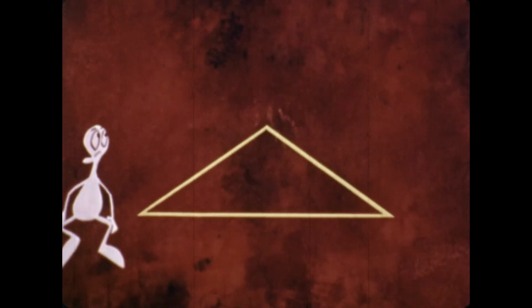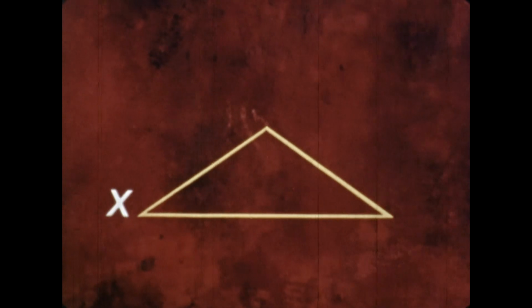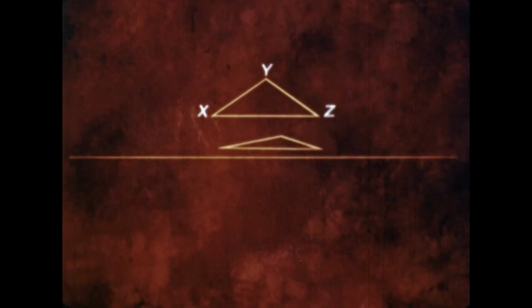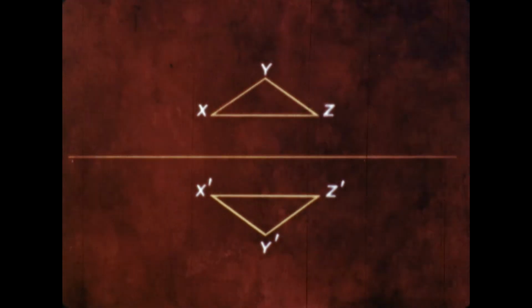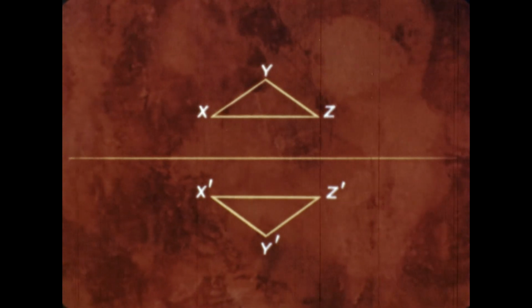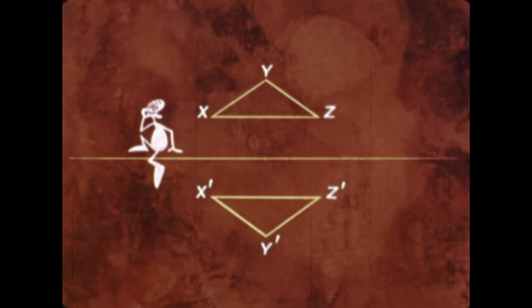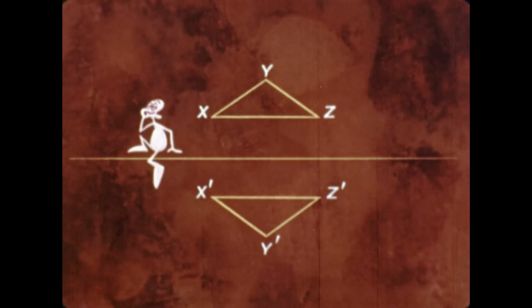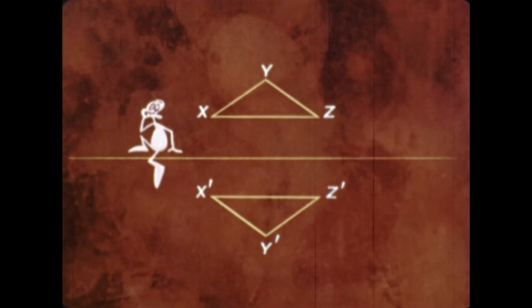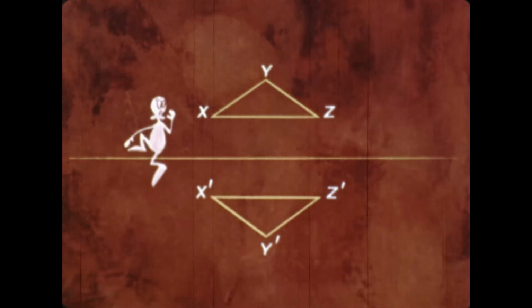Thus, to take another example, triangle XYZ can be taken into triangle X prime Y prime Z prime through a reflection. Since all lengths are preserved, triangle X prime Y prime Z prime is congruent to triangle XYZ.